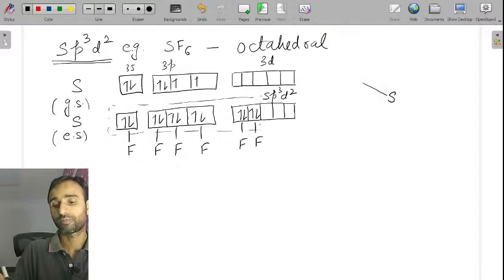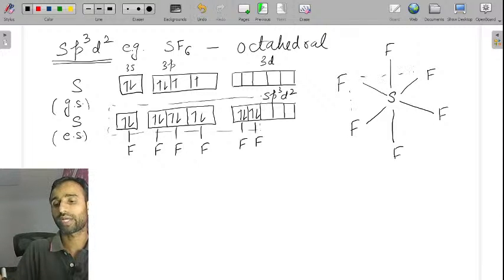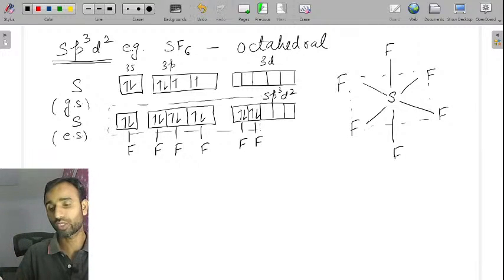Sulfur 1, 2, 3, 4, 5 and 6. So fluorine are arranged like this, all have a 90-degree angle. 4 in the same plane, 1 above the plane, 1 below the plane.